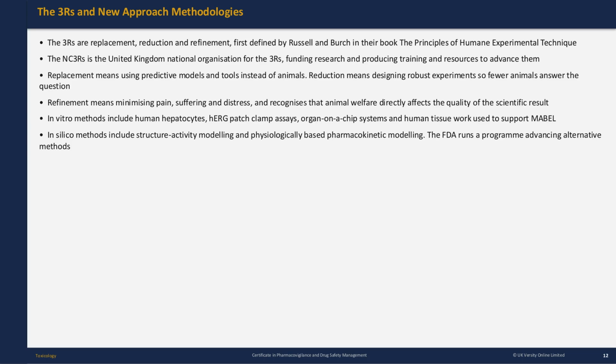Replacement means using predictive models and tools instead of animals. Reduction means designing robust experiments so fewer animals answer the question. Refinement means minimizing pain, suffering, and distress, and recognizes that animal welfare directly affects the quality of the scientific result.